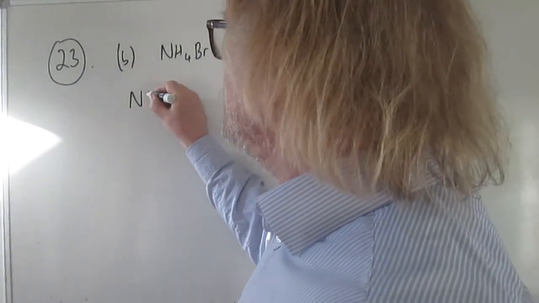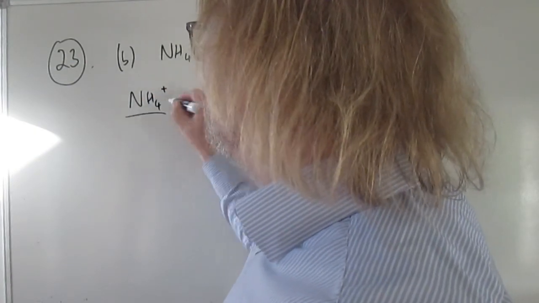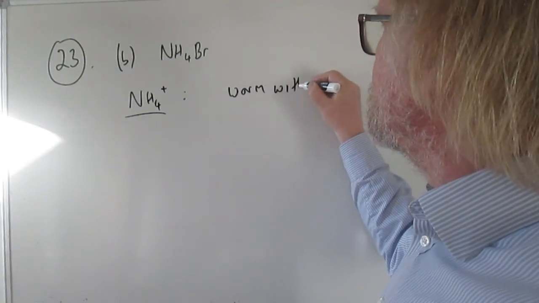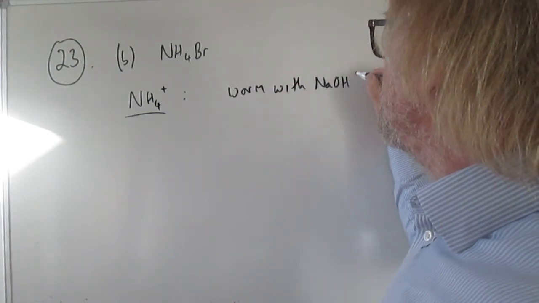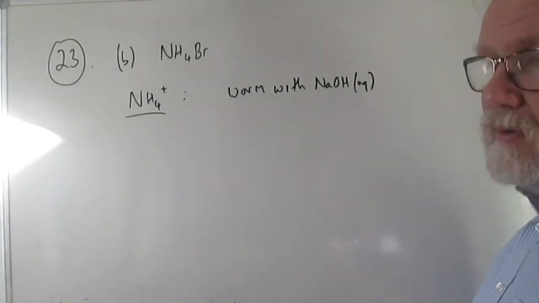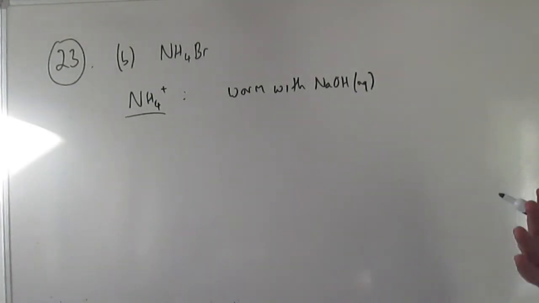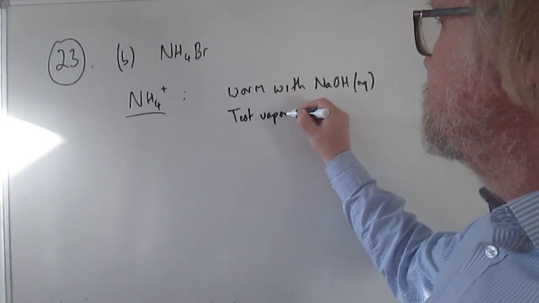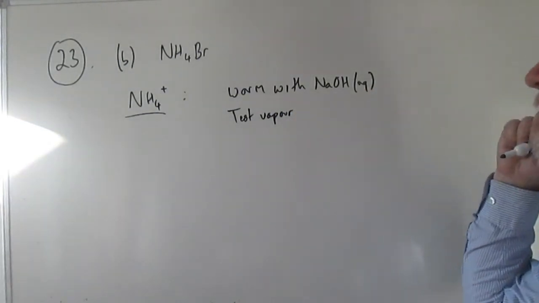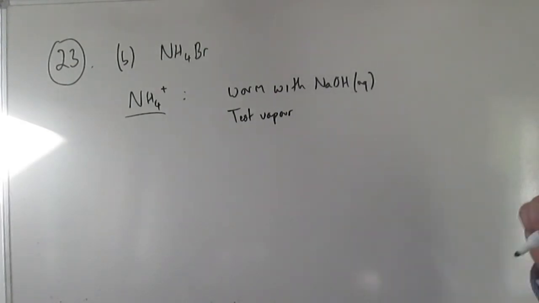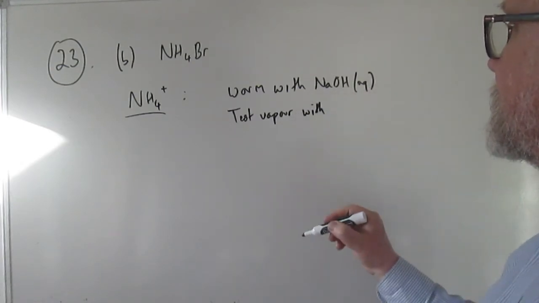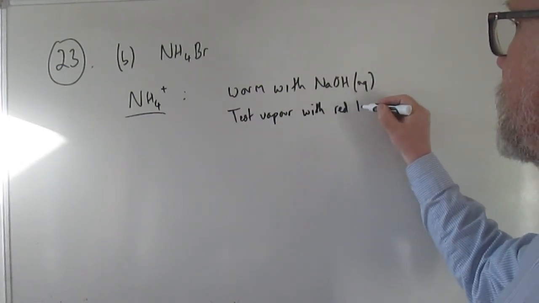So the NH4+ test, remember what you do is you warm with aqueous sodium hydroxide. It's important you specify aqueous sodium hydroxide, not just solid. And you test the vapour. It's not the solution that you're interested in, because the solution obviously is going to be alkaline because you've added sodium hydroxide to it. It's the vapour that's produced, and you test it with either universal indicator paper or red litmus paper.